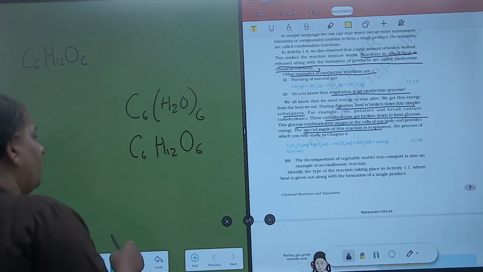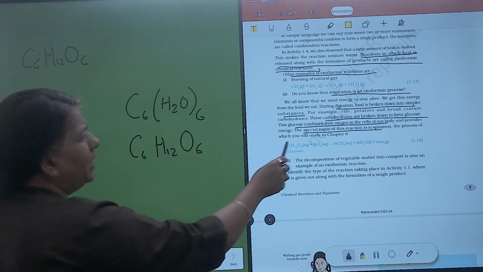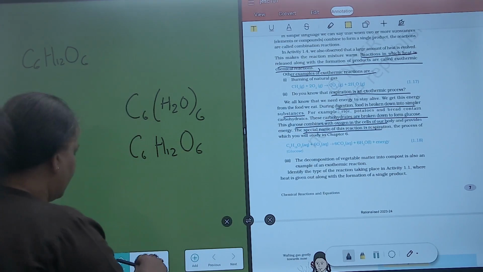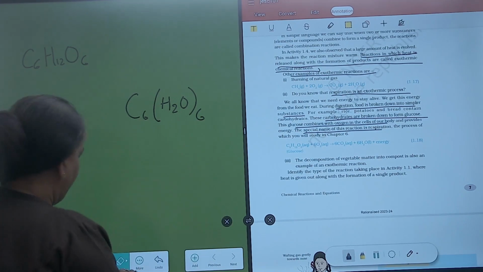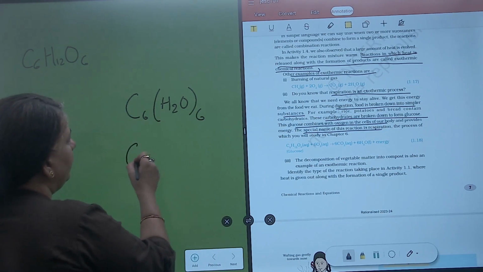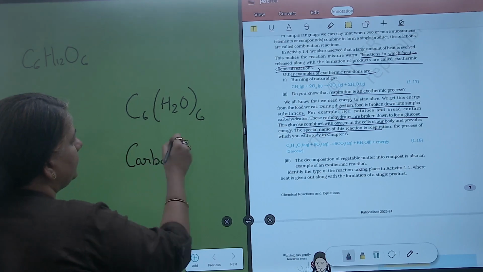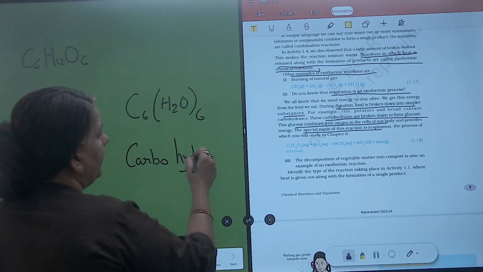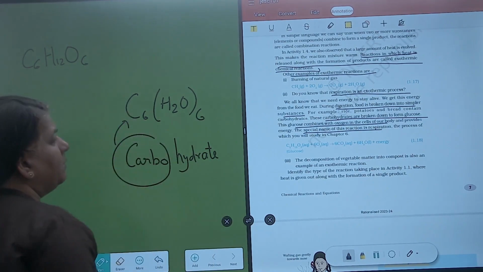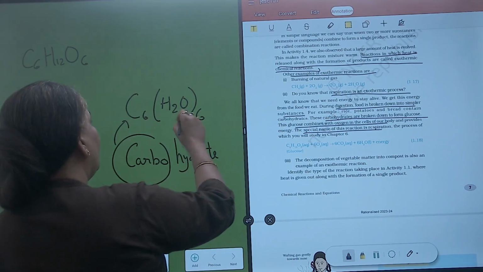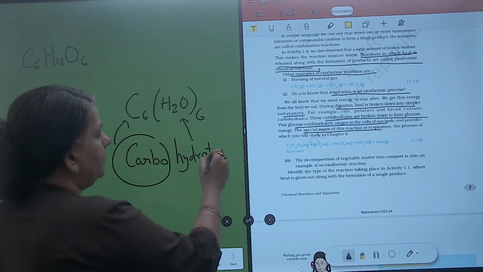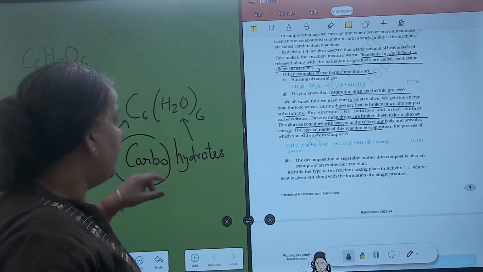One more thing you must remember: glucose is the simplest carbohydrate, and the name carbohydrate comes from this formula. Carbo represents carbon and hydrate means water, hence the name carbohydrate. In this manner you can remember the formula.